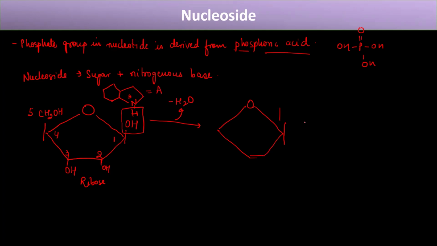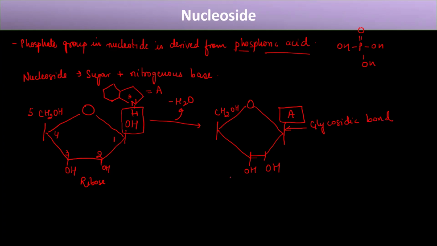I'm not drawing the whole structure, so the base will be attached here, and this will be the adenine. The rest of this will not change: it will have CH2OH, OH, and OH. The bond that is formed is known as the glycosidic bond.